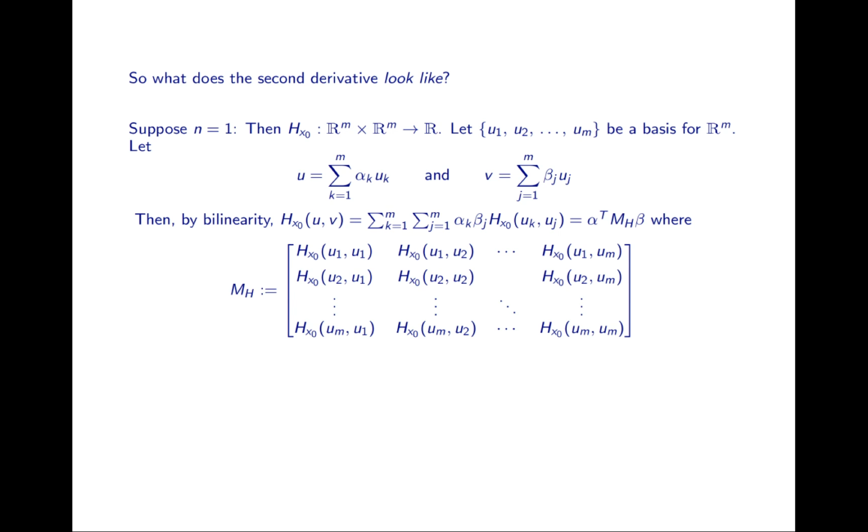Specifically, that matrix. In other words, if I have a basis for Rm, then I can represent the bilinear map as a matrix that operates on u, v by taking the coefficients of one of the vectors, forming them into a vector called alpha, the coefficients of the other argument, call those coefficients beta, and taking this linear algebra operation, a matrix vector product, and then essentially a dot product.